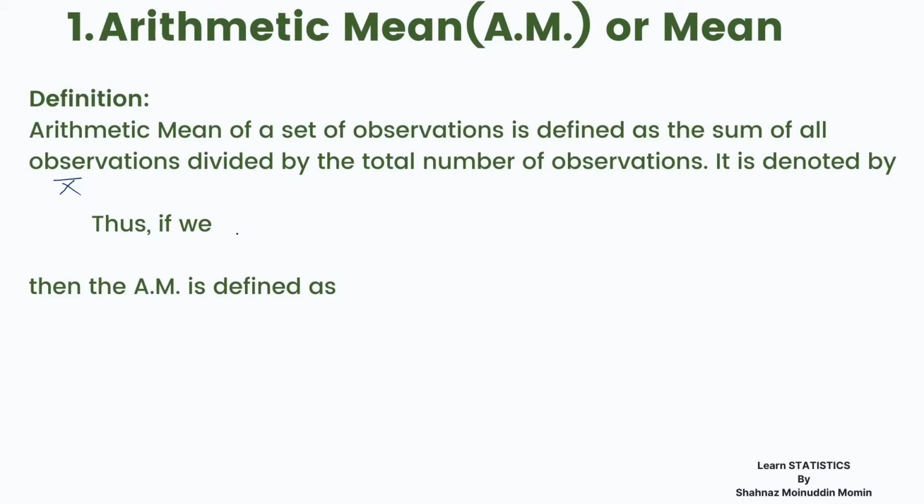Thus, if we are given an individual data that we have seen in the previous slides, that is, if we have given the values as x1, x2, xn, individual data, then the arithmetic mean is defined as x bar is equal to sum of all these values, means x1 plus x2 plus x3 plus dot dot dot up to xn.